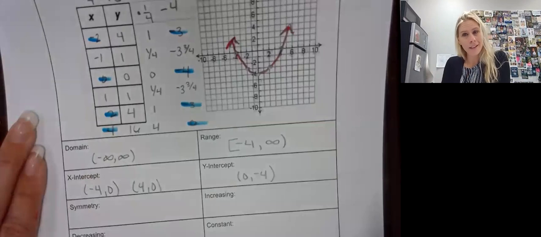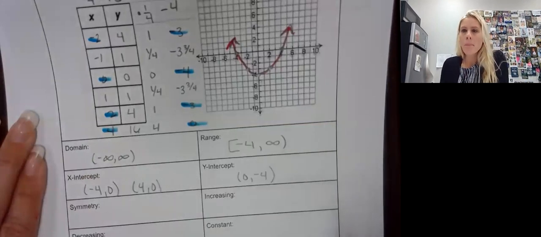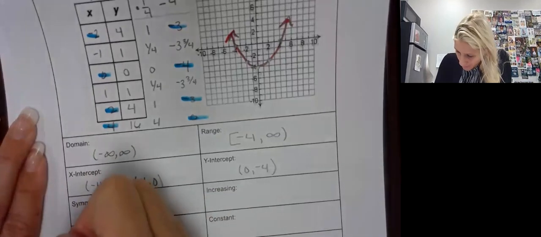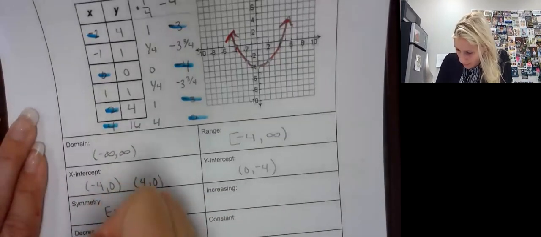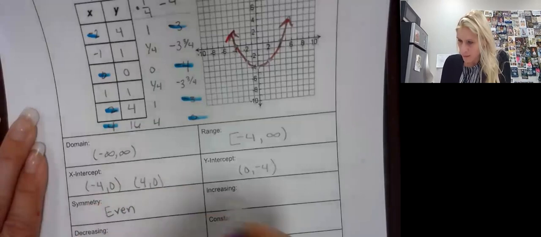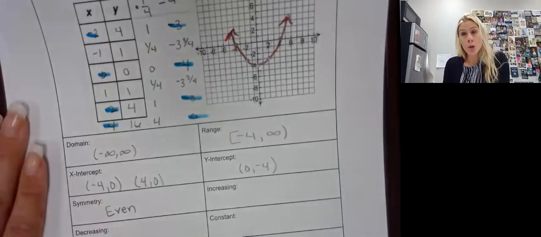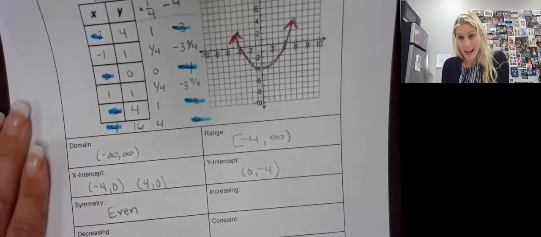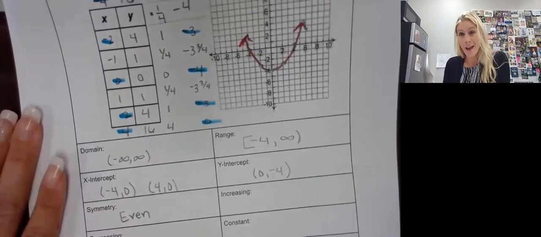Does it reflect or does it rotate? It reflects. I know my drawing's kind of weird, but it reflects over the y-axis. So which one is that? Even. Awesome. Do your check for the day just to make sure, and then we'll move on.